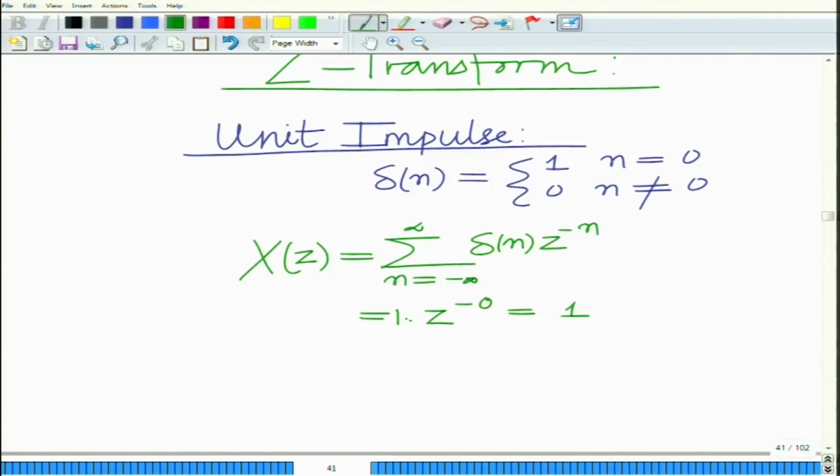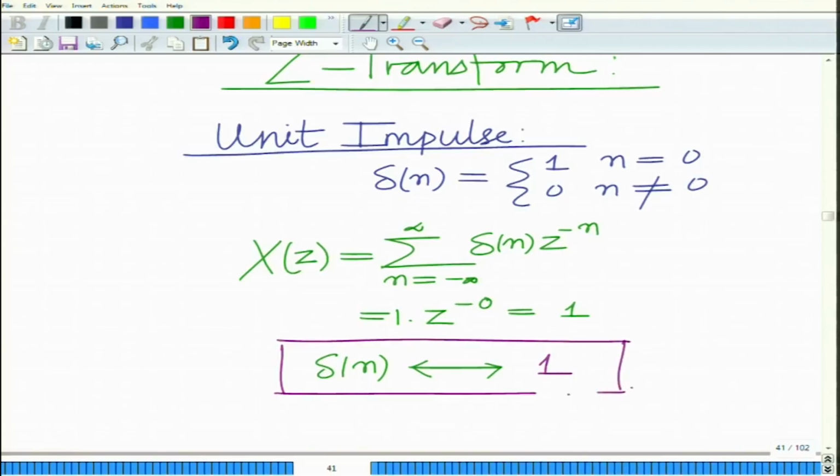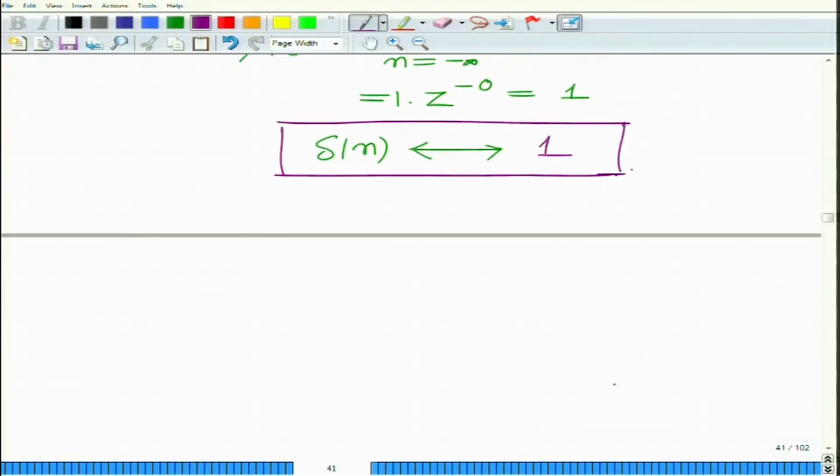So, this is 1 times z raised to minus 0, which is equal to 1. So, the Z transform of delta[n] is basically unity.